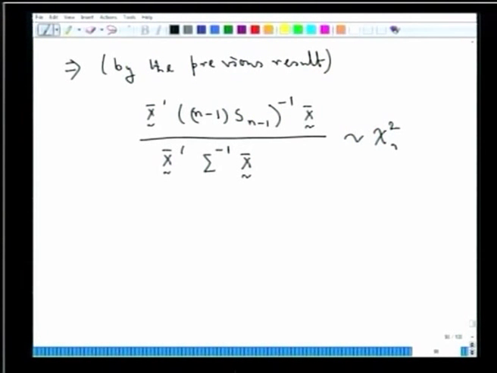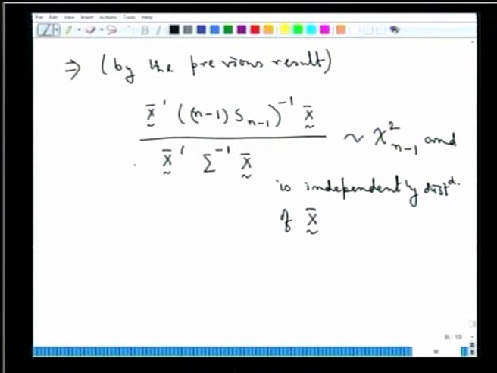So that's a chi-square on n minus 1 degrees of freedom and is independently distributed of the random vector x bar.